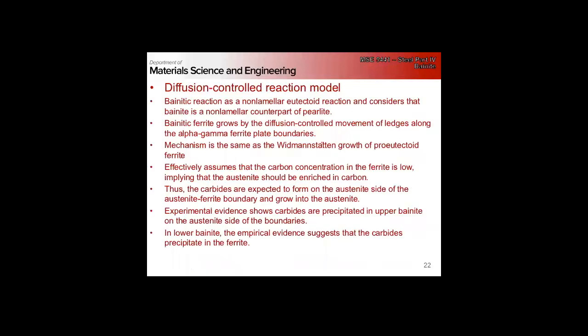So if we look at diffusion-controlled versus diffusionless reaction models, there's sort of the big controversy, right? I would say there have probably been more fist fights at metallurgy meetings, or near fist fights, about this, right?